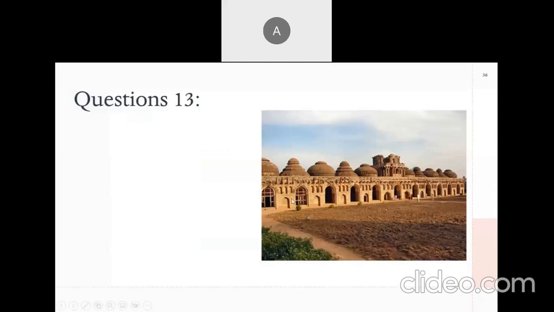So this is the next question. Can you identify this one? This is a structure somewhere in South India.